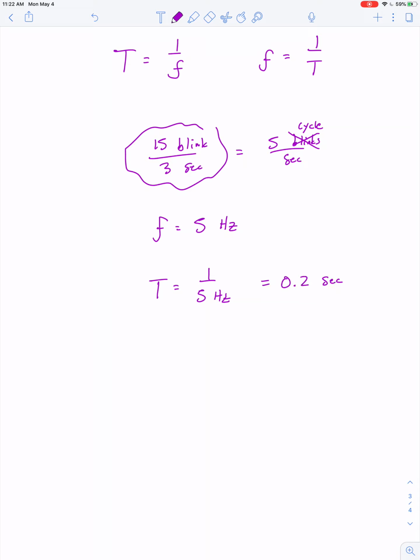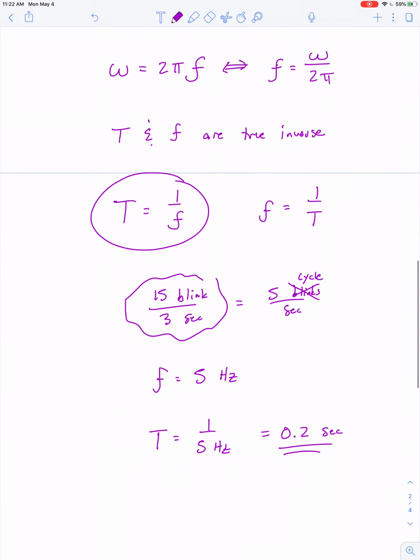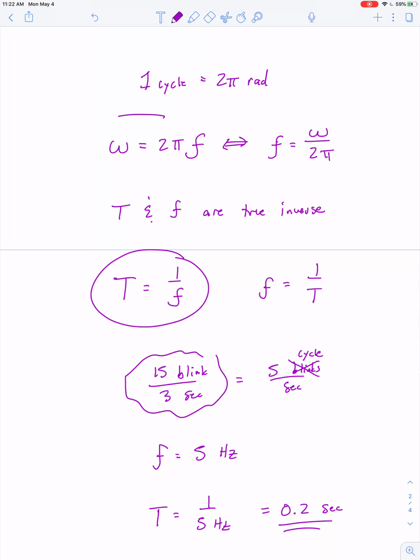So a person who can blink 15 times in 3 seconds blinks with a period of 0.2 seconds. Frequency and period are true inverse of one another, and angular frequency and regular frequency differ by a factor of 2 pi. So keep that in mind as we progress through this unit of study. We're going to see the symbols T, f, and omega repeatedly.